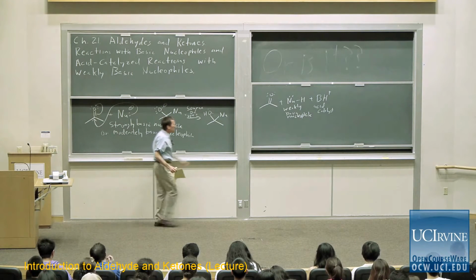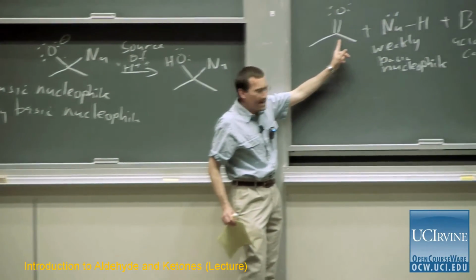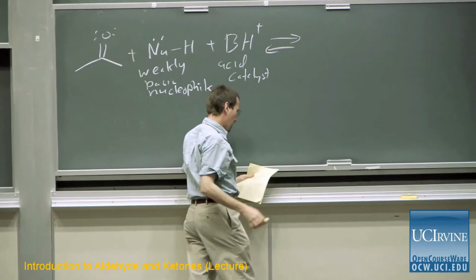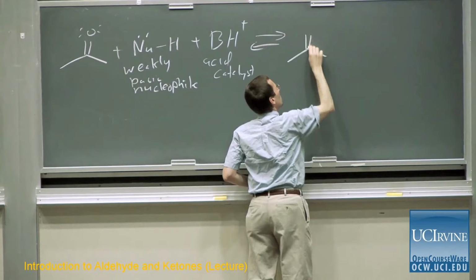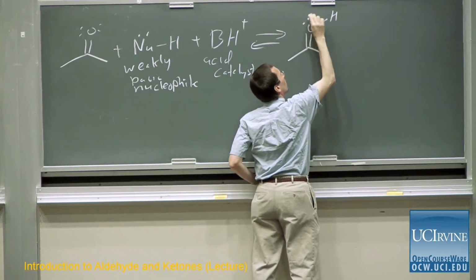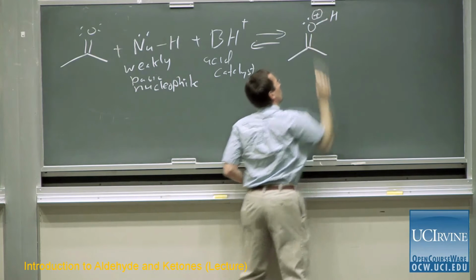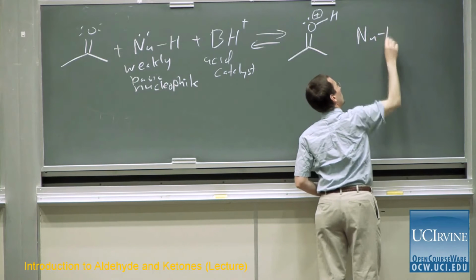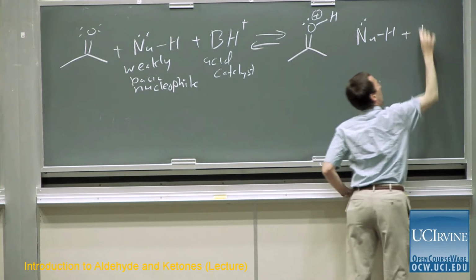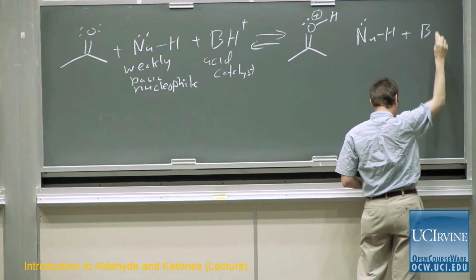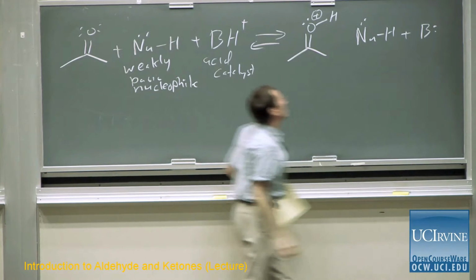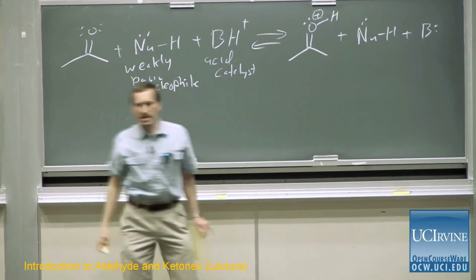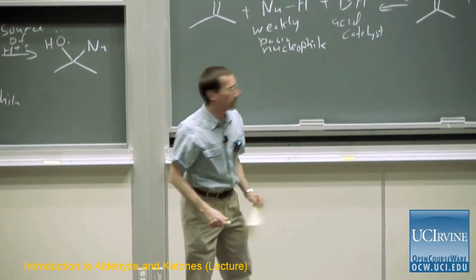But you can set up an equilibrium where the base protonates the carbonyl. And so I'll write this as an equilibrium where now you protonate the carbonyl. And of course, you still have your nucleophile H with its lone pair. And now you have your base, your conjugate base. All right, at this point, now your carbonyl is a lot more electrophilic.